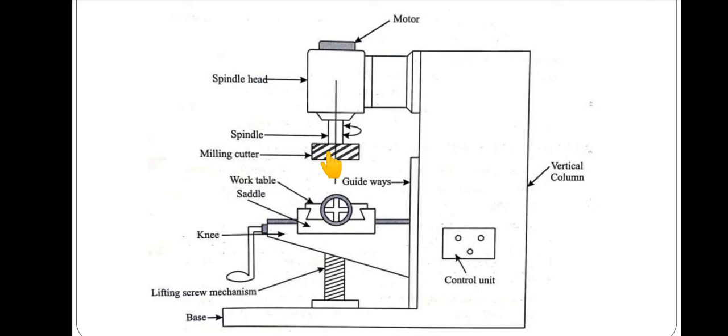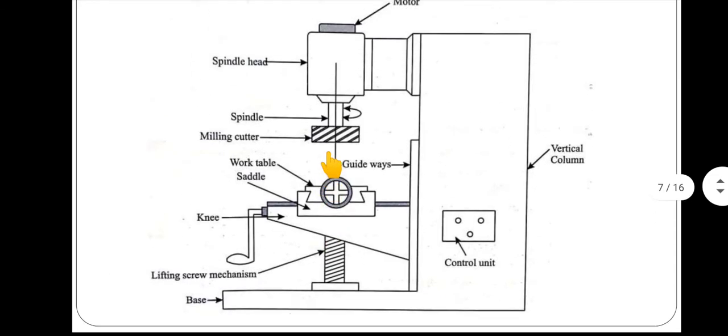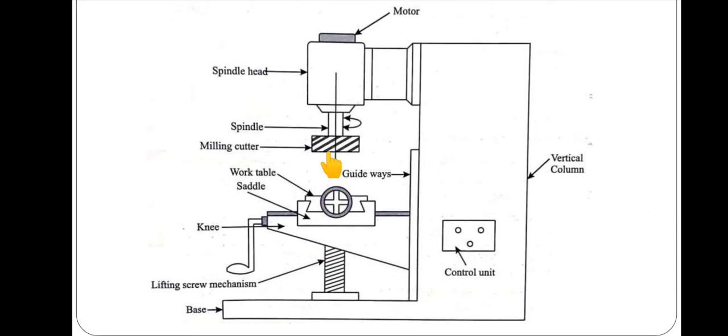The vertical milling machine is used for face milling and end milling operations, so face milling and end milling cutters are used. This is the working principle of the vertical milling machine.